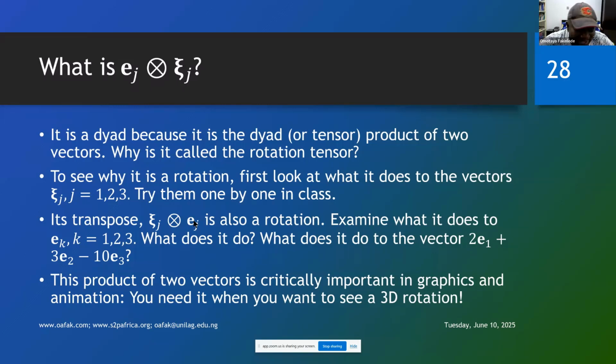Note that this product is not just a simple product, it is a summation of products because of the repetition of the subscript J.